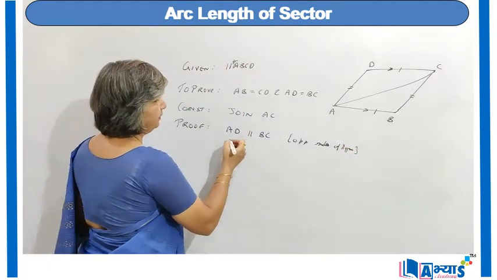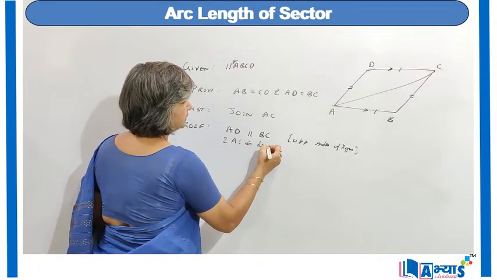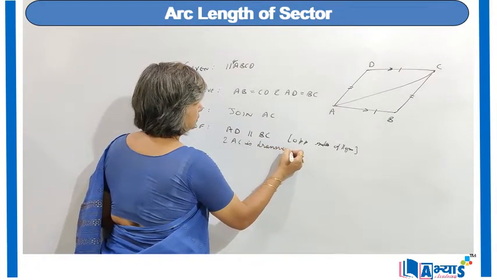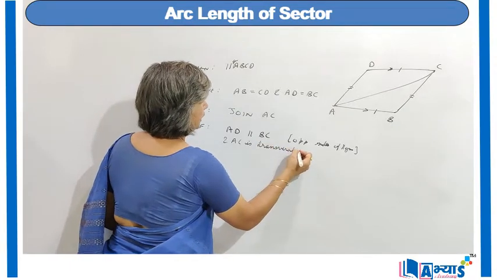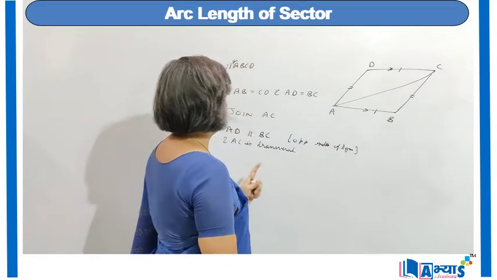And AC is the diagonal. AC is the transversal. That means we have AD and BC as parallel lines and AC is the transversal.